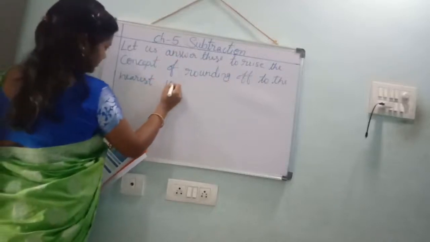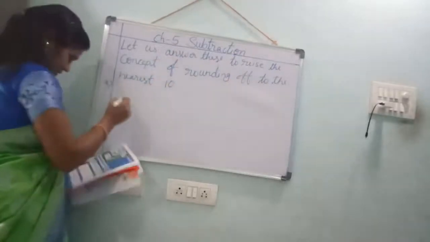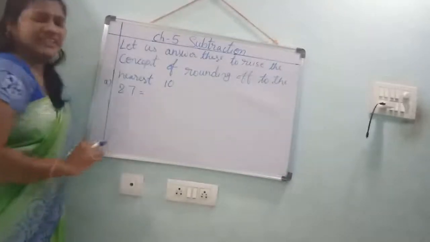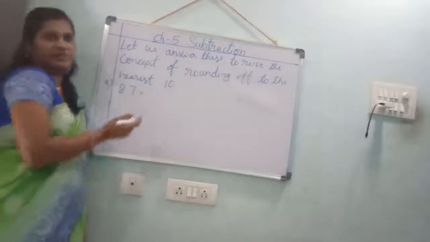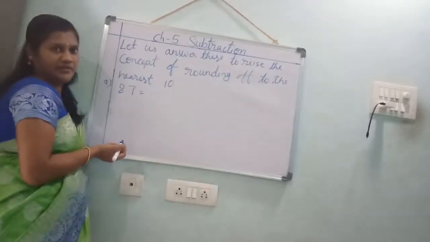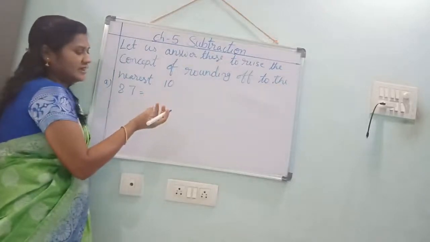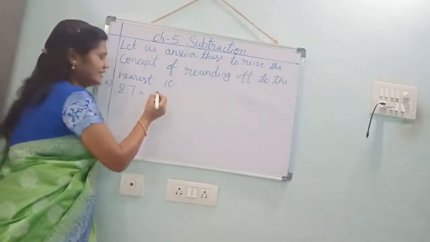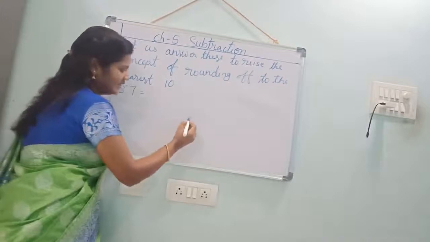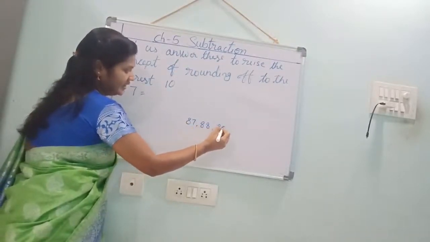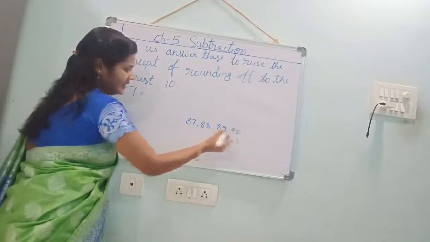Nearest tens. Okay, see here children, 87. 87 nearest tens. Which number will come? Tell me. Already I told you. 87 after 88, 89, 90. 90 is the nearest. See, 87, 88, 89, 90.